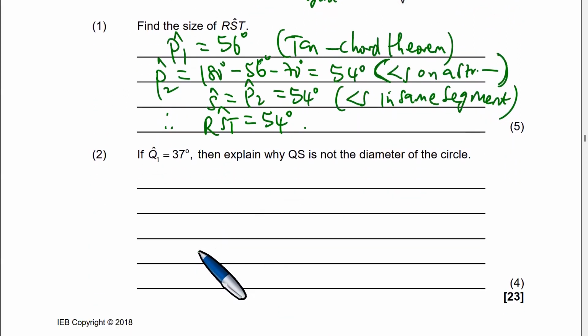So now there's another question. They said Q1 is 37 degrees. Then explain why QS is not the diameter of the circle. Let's check that one.